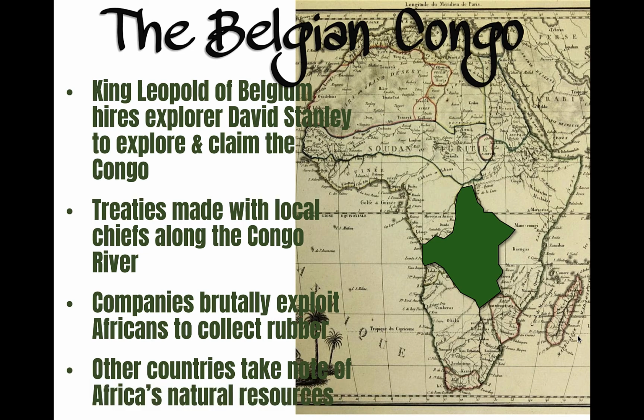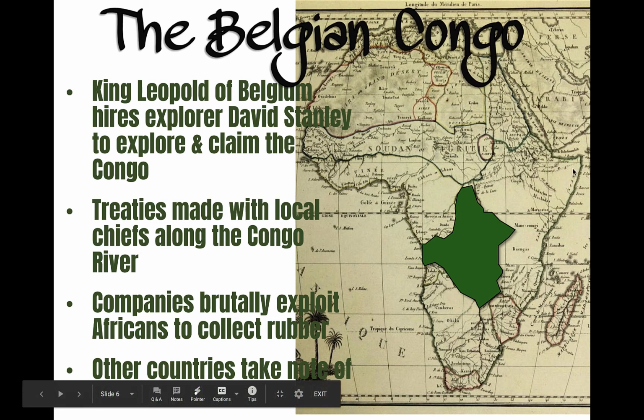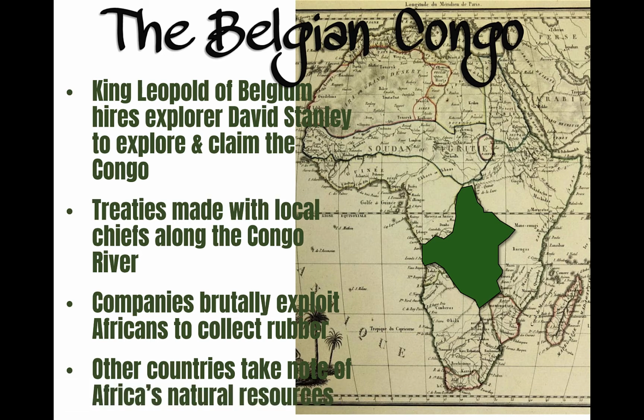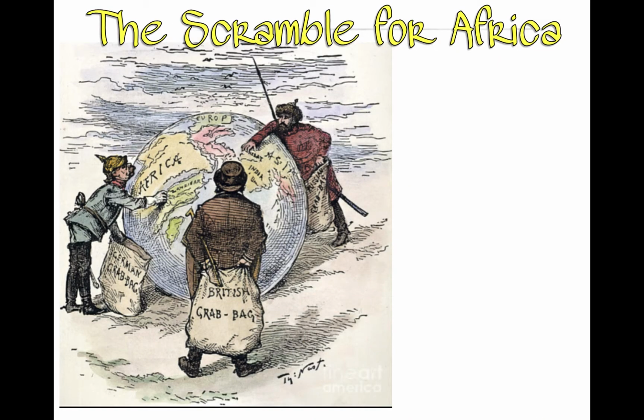So other countries start to take note of Africa's natural resources. They start to realize that there's not just things along the coastline, but there's a lot of goods to be had within the interior of Africa. So now it won't only be the missionaries who go into the interior of Africa, it's also going to be basically everybody else. So this starts what is known as the scramble for Africa.